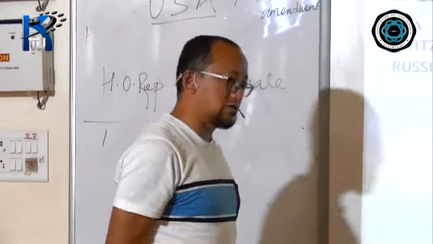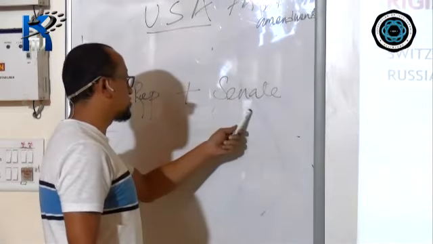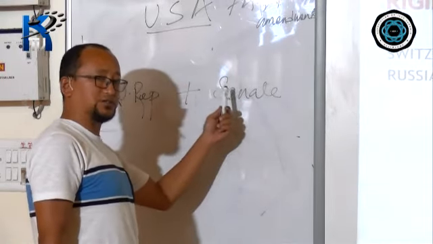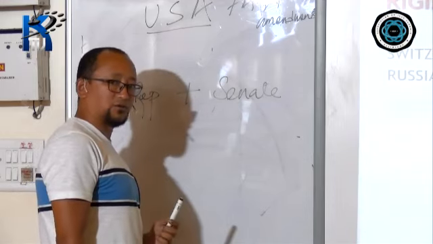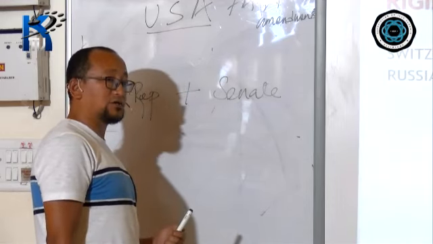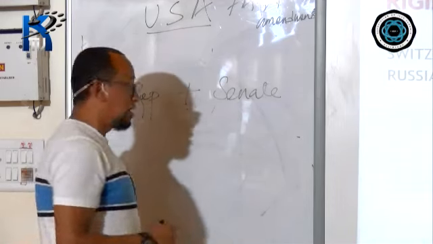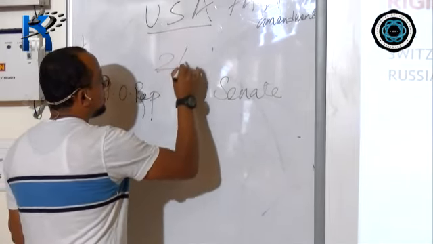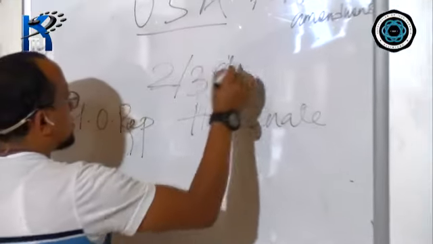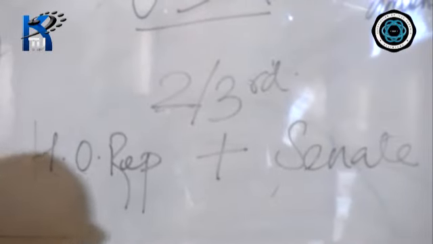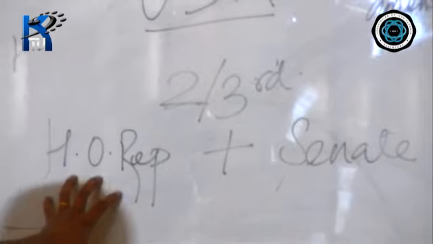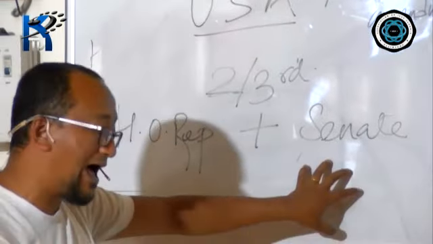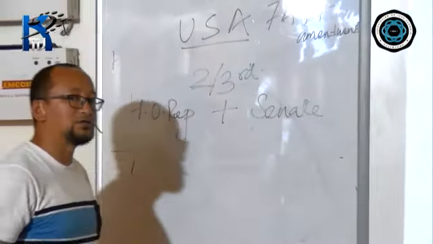In the proposal stage, both the houses individually, I repeat, both the houses, have to make sure they pass the resolution by the majority of 2/3. So in the first stage, the proposal stage, both the House of Representatives and the Senate will have to pass the resolution by the majority of 2/3.